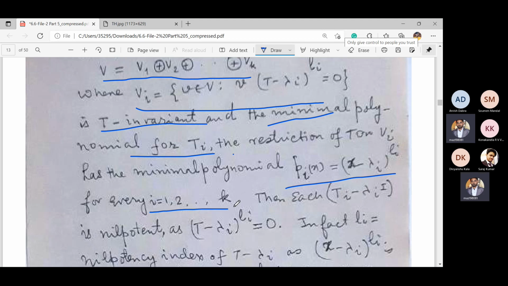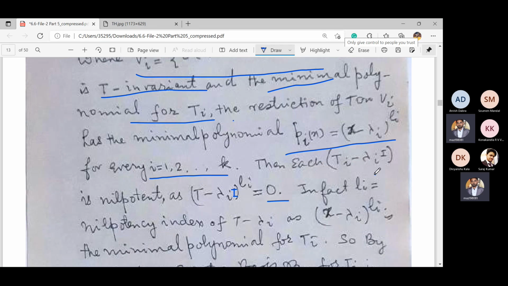Then each Ti minus lambda I is nilpotent. Why is this nilpotent? Because (T minus lambda I) raised to power Li equals 0.